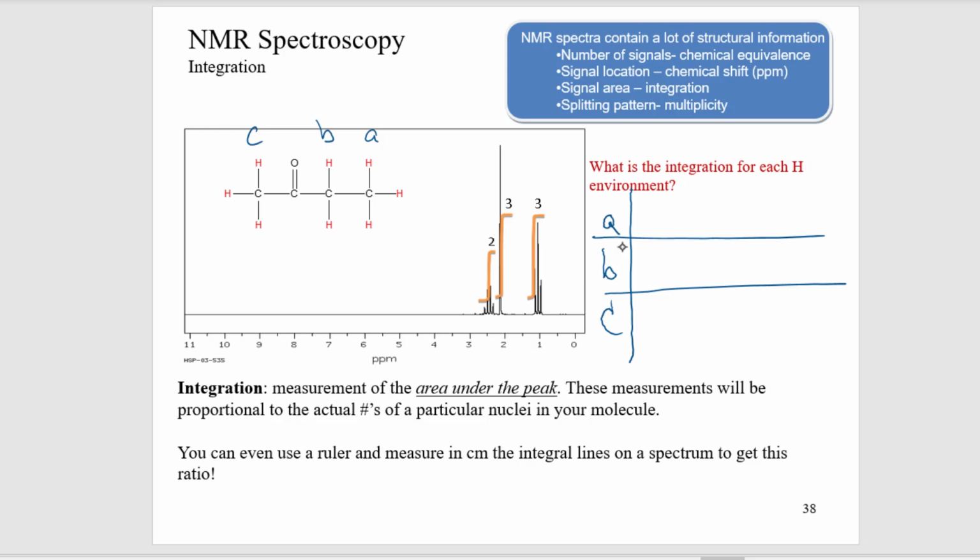The integration, or the integral, and remember what the definition of an integral is. In math, integration is the measurement of the area under the peak. These literally are mathematical equations that are done by the instrument. And so the area under these peaks is equivalent to how many hydrogens are in that environment.